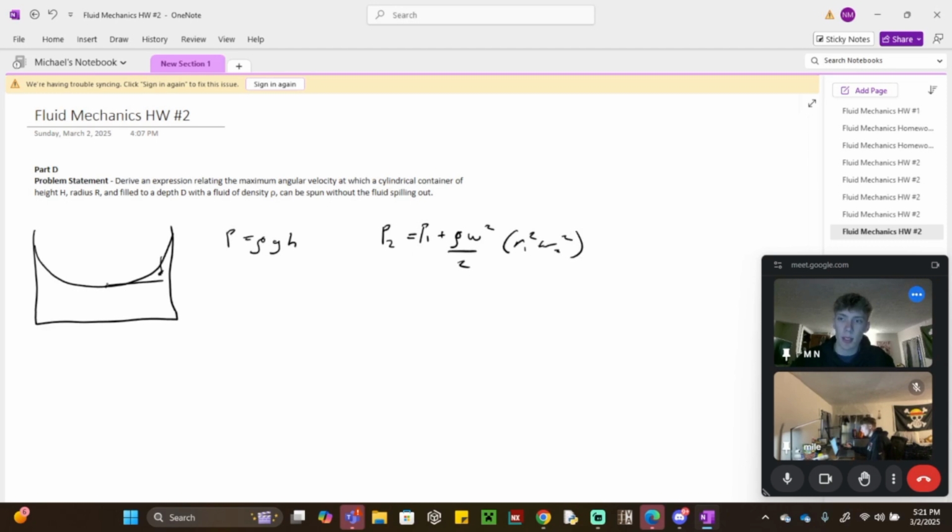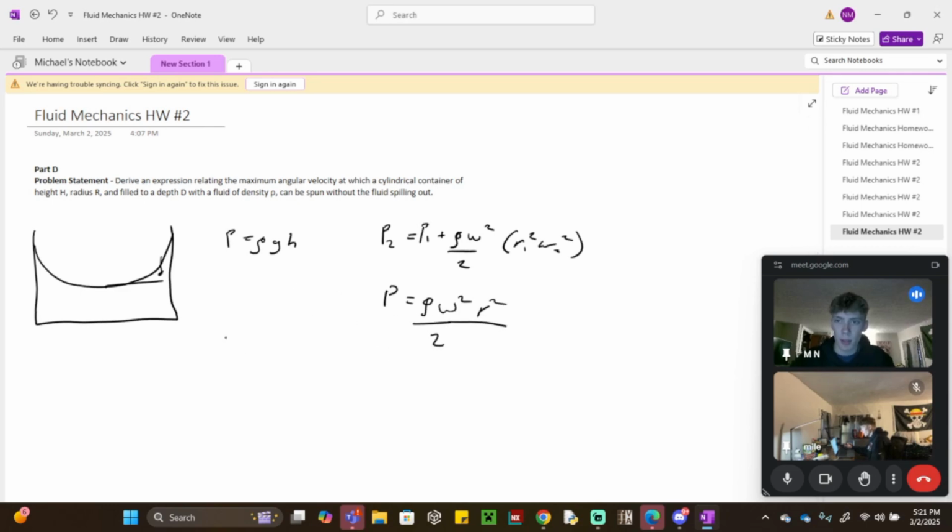P1 in this case is 0 because it's located at the center of the parabola, and R1 is also 0. So we will get P is equal to rho omega squared over 2 R squared.